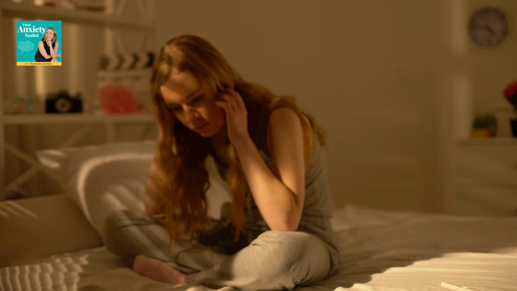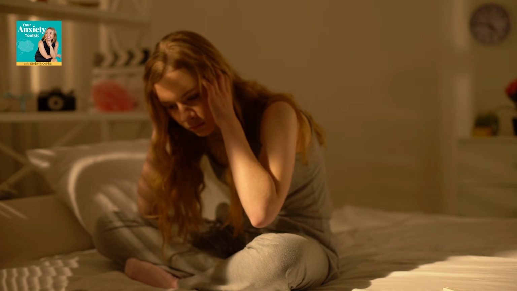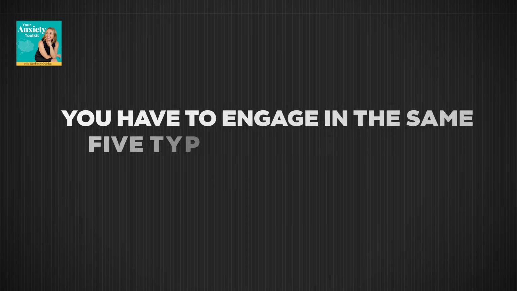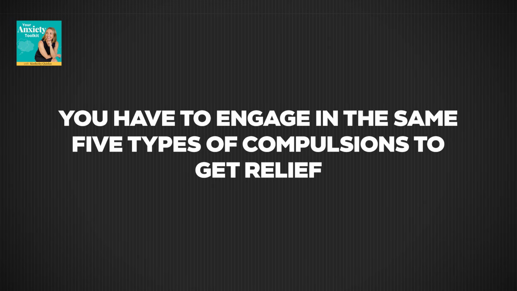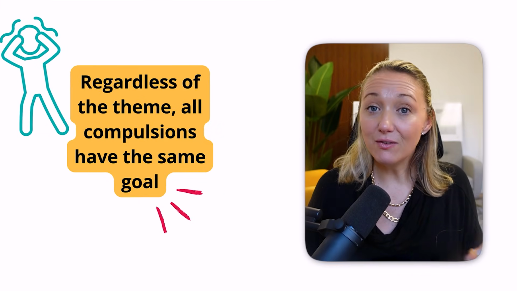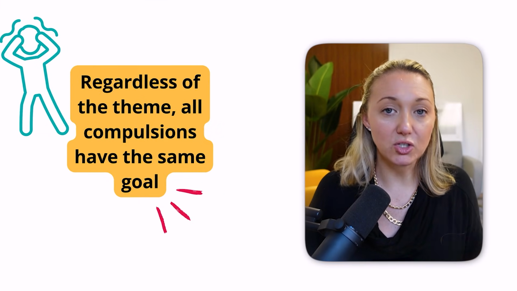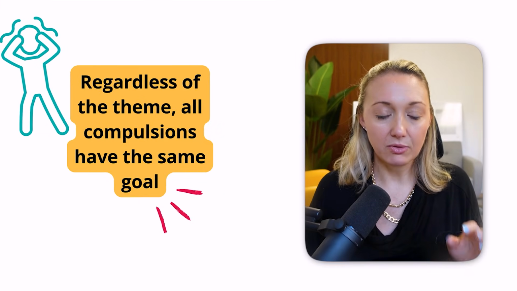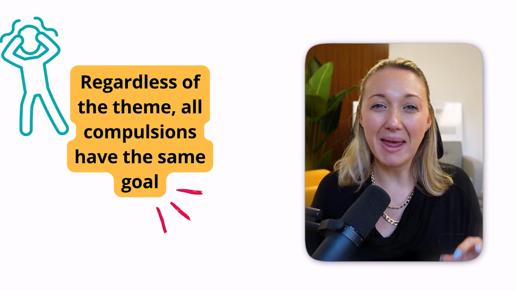You have an intrusive thought, feeling, or sensation or urge. You have discomfort. You have to engage in the same 5 types of compulsions to get relief, but that relief reinforces this cycle, and now you are stuck. And what I want you to remember here is, regardless of the theme, all compulsions have the same goal. They all do the same mechanism.